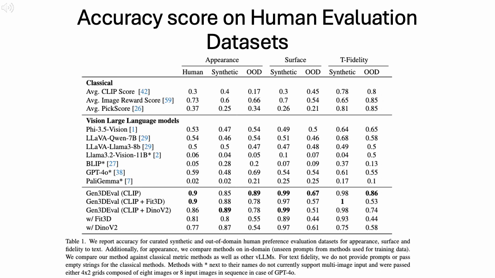On both synthetic and human annotated datasets, we observe that Gen3DEval outperforms other vLLMs as well as evaluation metrics, especially on appearance and surface quality. It also narrowly outperforms pick score and image reward on text fidelity.